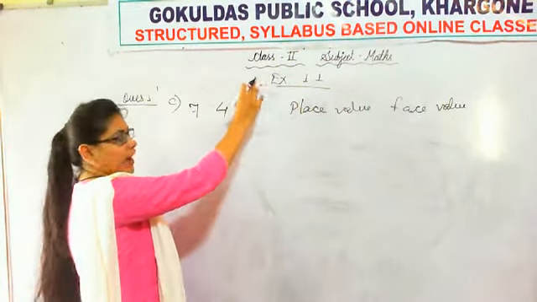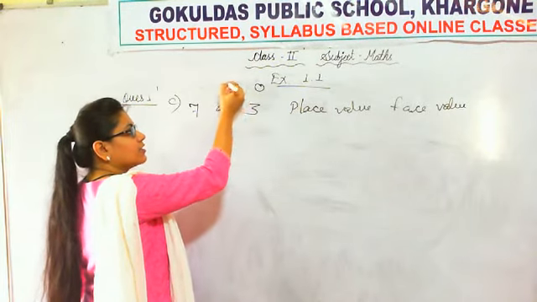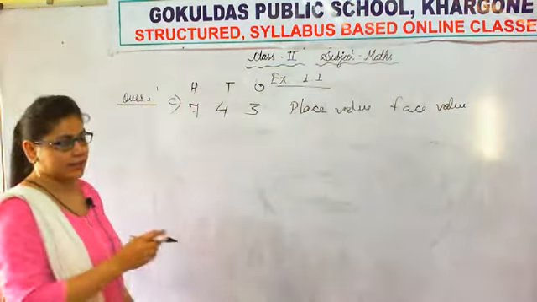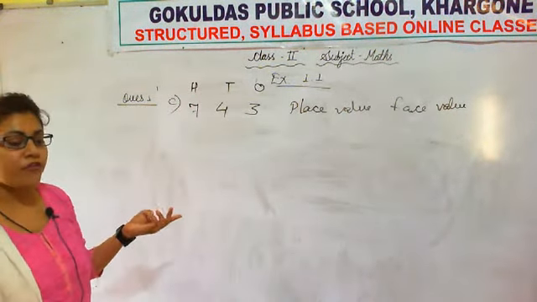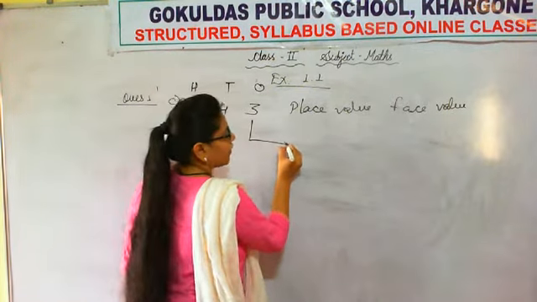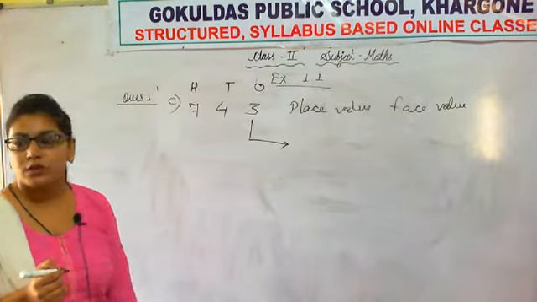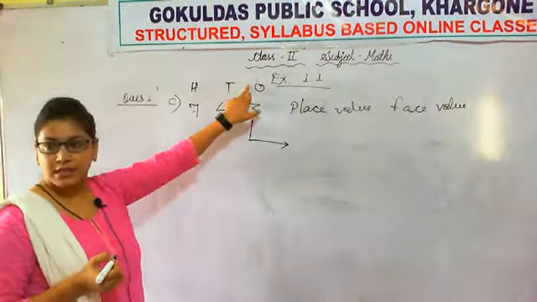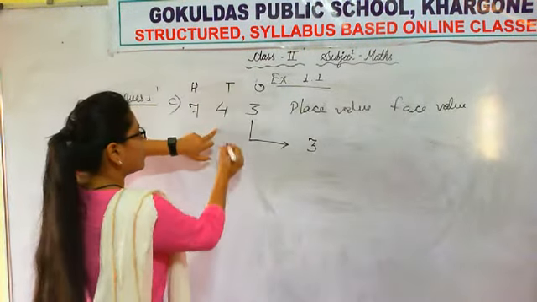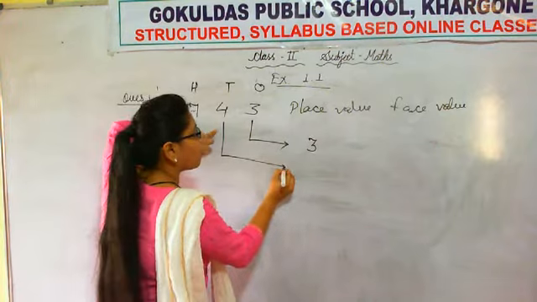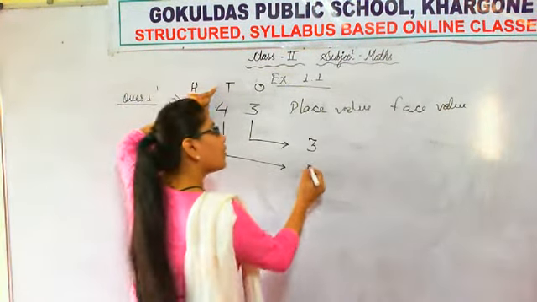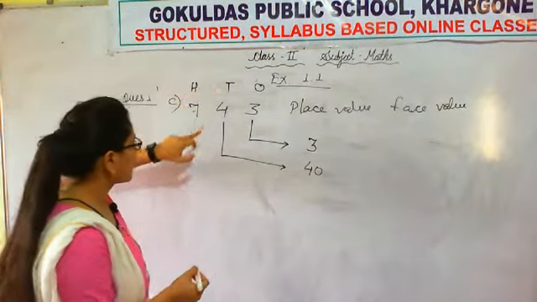The rightmost is ones, then left to it is tens, and the last one is hundreds. So again, for finding place value, what do we do? If we want to find the place value of 3, 3 ones. 3 ones means 3. Now for finding place value of 4, 4 tens. 4 tens means 40. Very good.